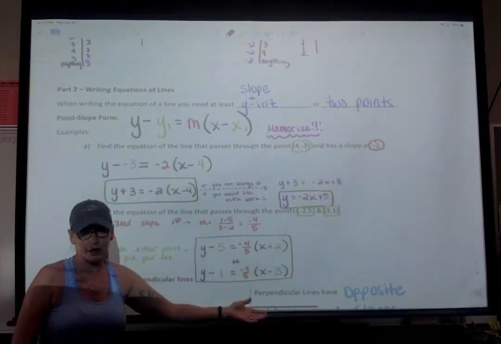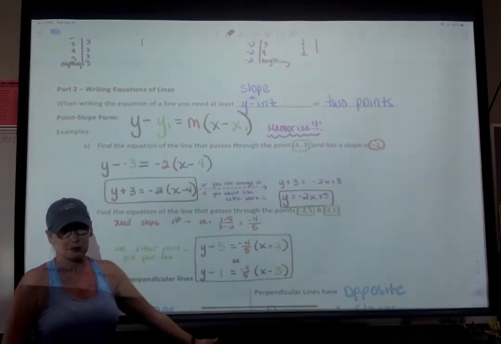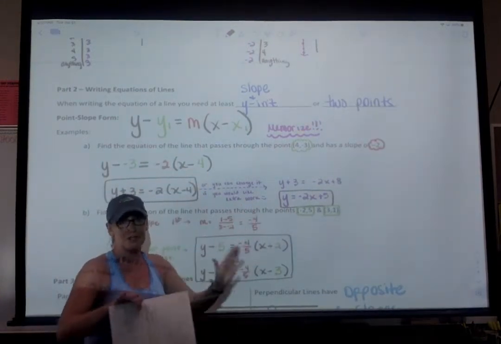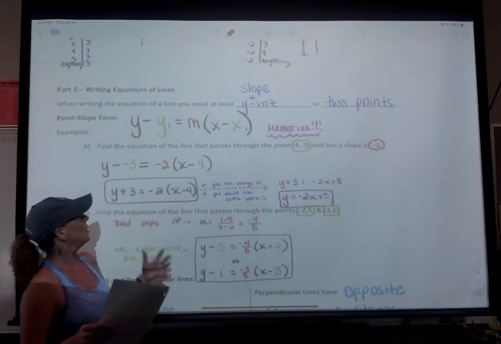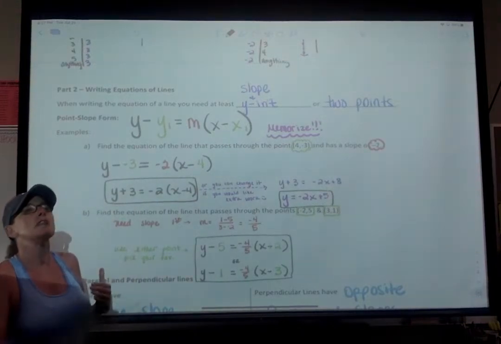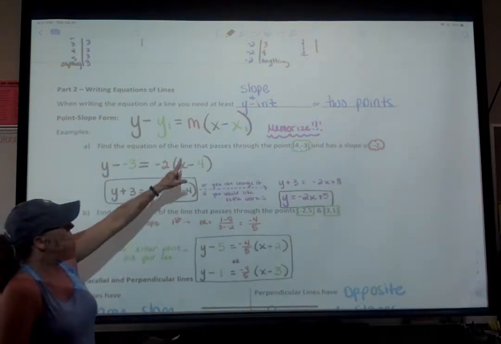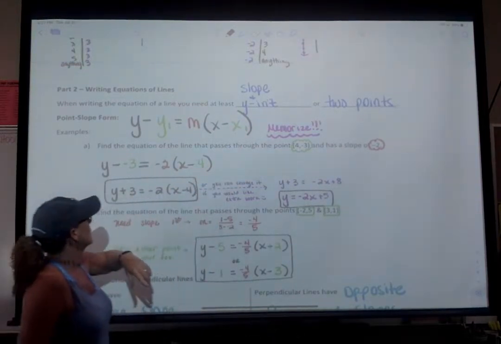Don't do extra work. Don't change it to y equals mx plus b. Get your information, write it, circle it, be done with it. So I want you to get really, really comfortable with point slope form. So I've got on there that you need to memorize it.